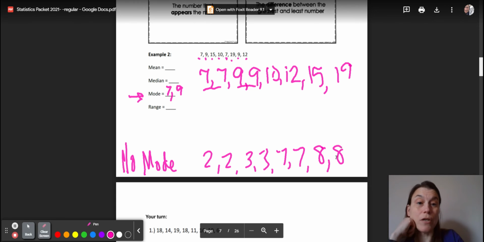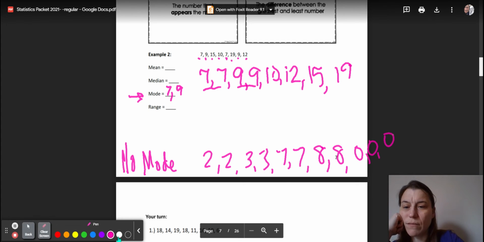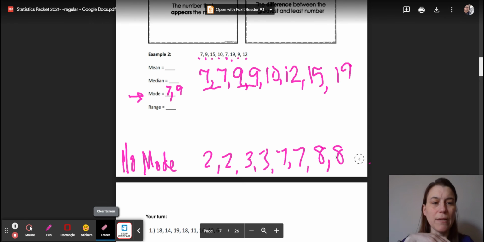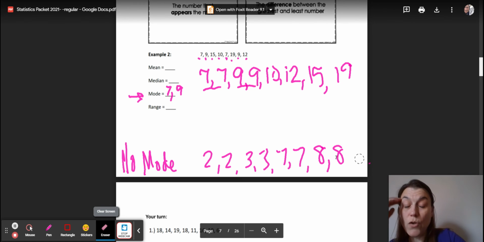In order to have a mode of 0, I'd have to have more 0s, because then 0 would be the most common number. But going back, let's undo that. Where's my eraser? There it is. Now going back to look at it this way. Okay, so now it's no mode again. So that's just so you know about mode, that you actually could have no mode.